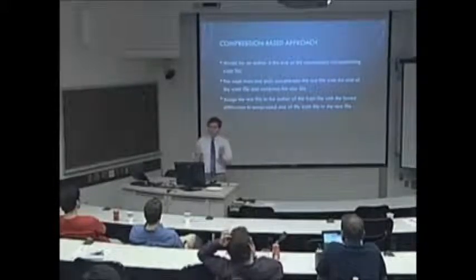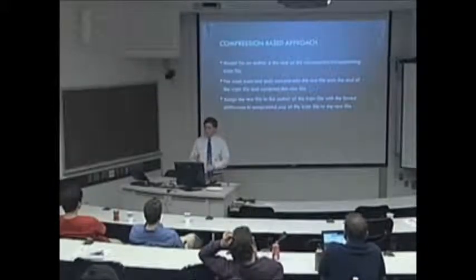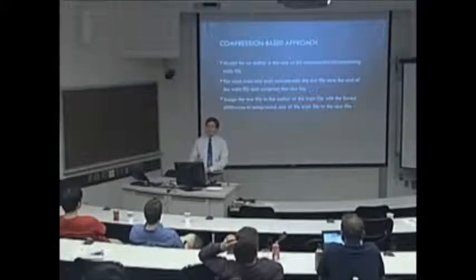And then you compare these new sizes. And so the idea is if someone wrote both of these files, then the test file will be able to compress very well with the train file.